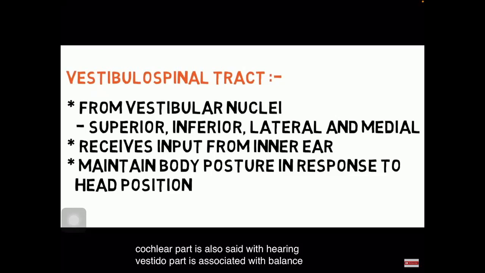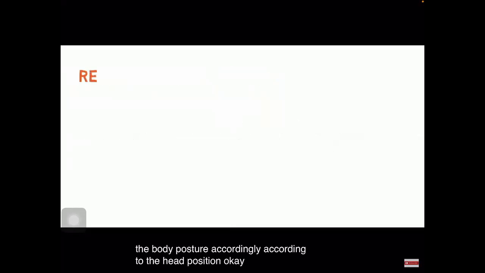The cochlear part is associated with hearing, the vestibular part with balance. The vestibulospinal tract receives input from the vestibule of the inner ear, so it involves maintenance of posture. It sends information regarding the position of the head, and it helps to maintain the body posture according to the head position.